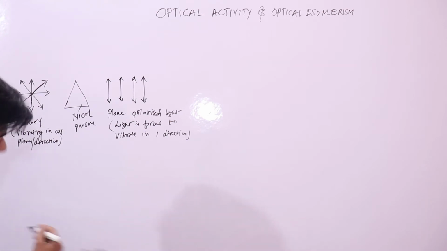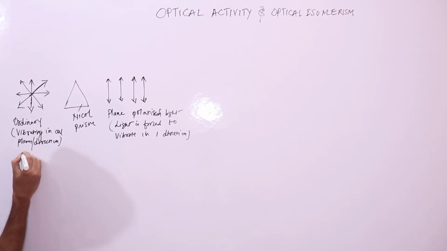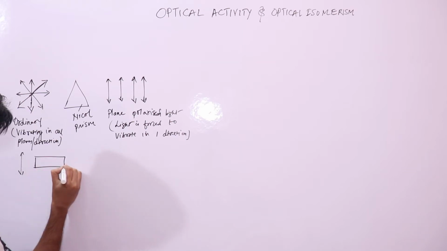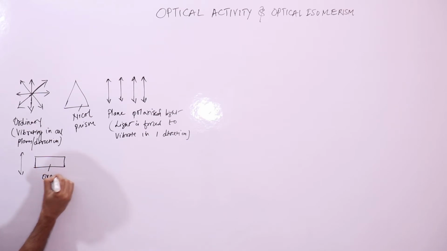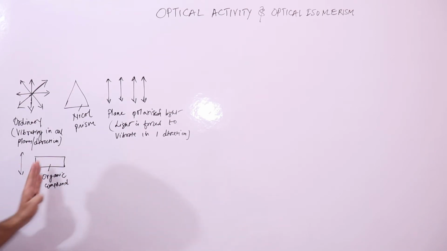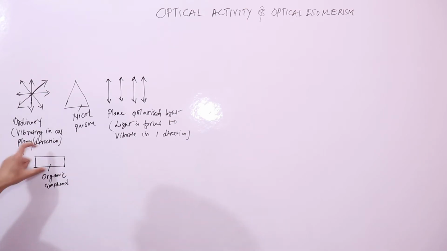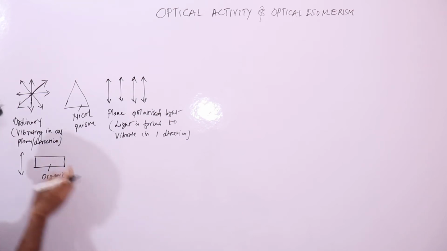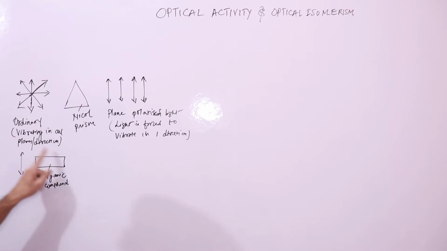What it means is that, suppose the light is vibrating in this direction, and I pass it through this tube that contains a solution of an organic compound. The light coming out of this tube would be rotated a little.